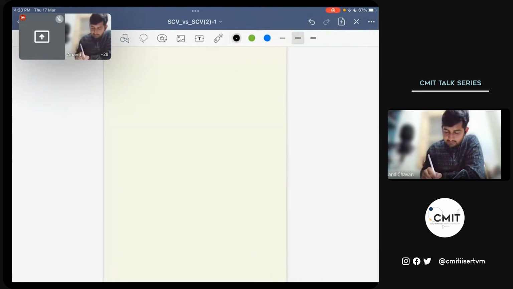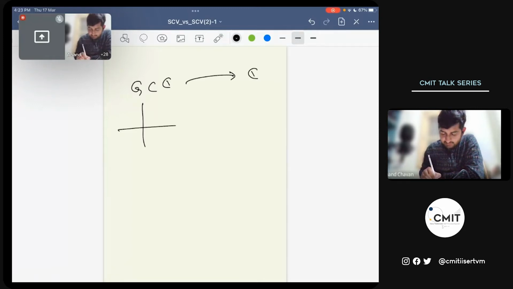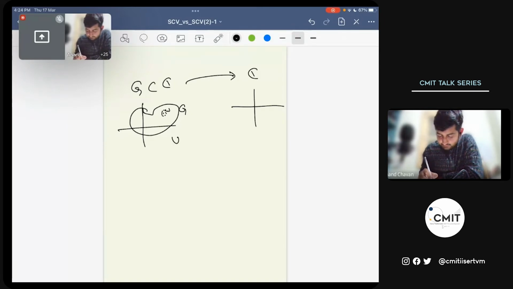suppose I have a function f from C to C, say this is the complex plane. My function is holomorphic, which means that at each point w in the set G, I can find a neighborhood, say U_w.